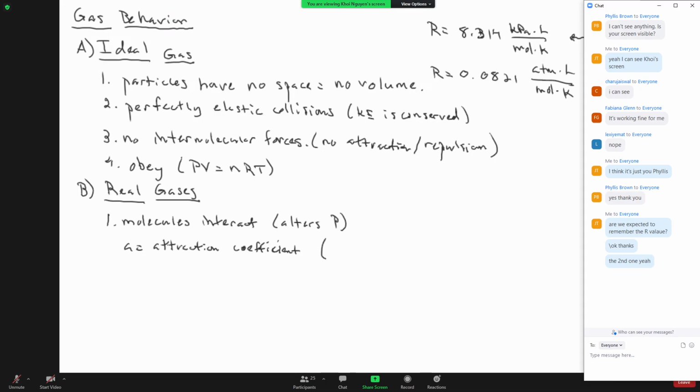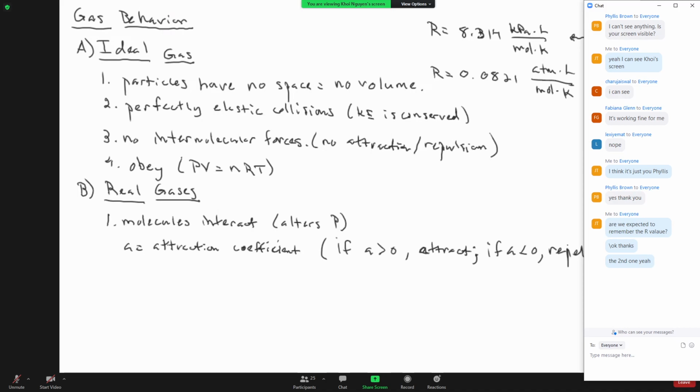So if A is greater than 0, the molecules are going to attract. And if A is less than 0, they're going to repel from each other.